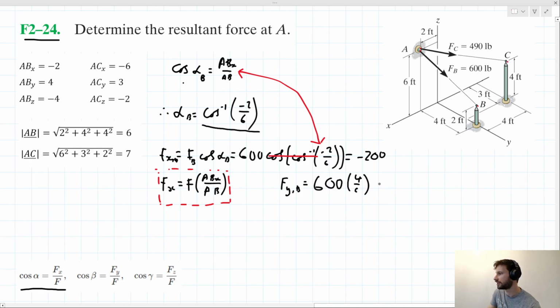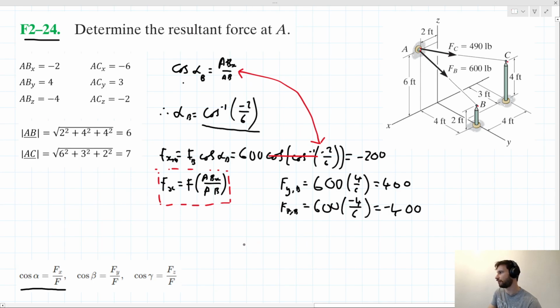The denominator here is 6, which is nice and convenient because it gives us a value of 400, which we can solve for in our head. Fz,B is going to be 600 times minus 4 over 6, which again is minus 400.